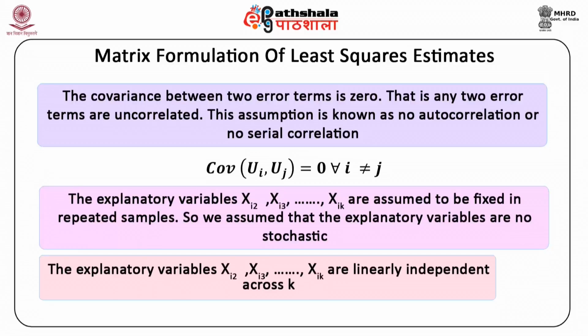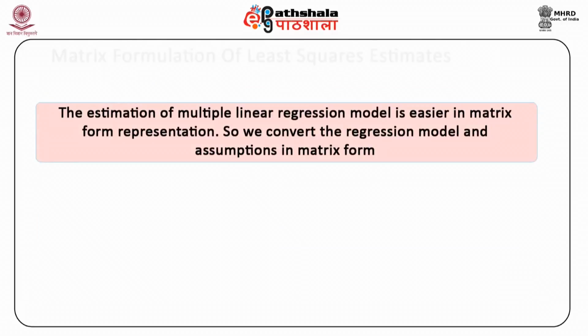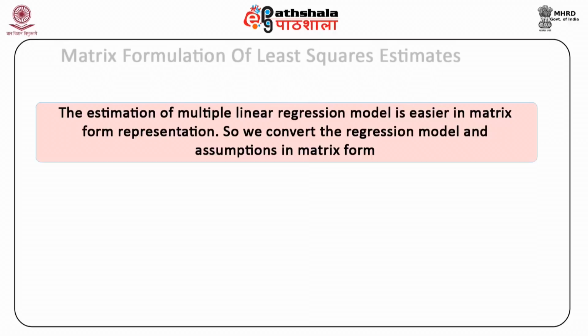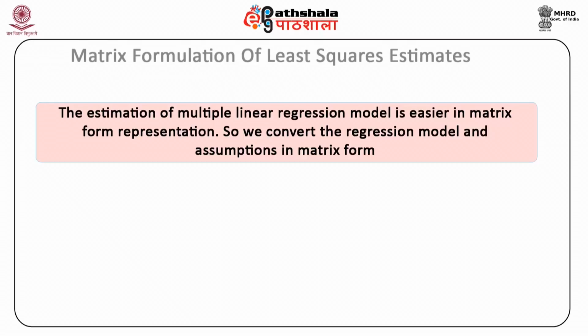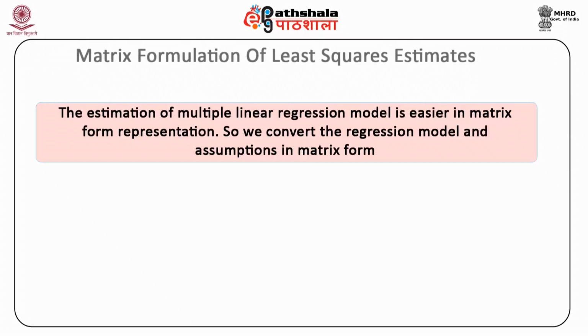That is, there is no correlation among explanatory variables. This assumption is known as no multicollinearity among explanatory variables. The estimation of multiple linear regression model is easier in matrix form representation. So we convert the regression model and the assumptions in matrix form.